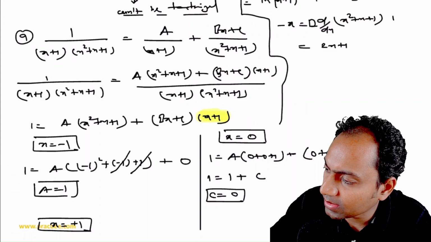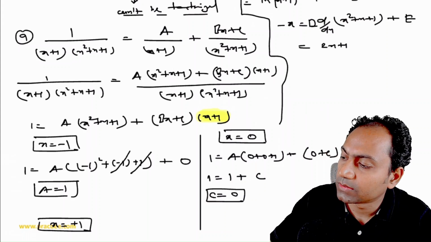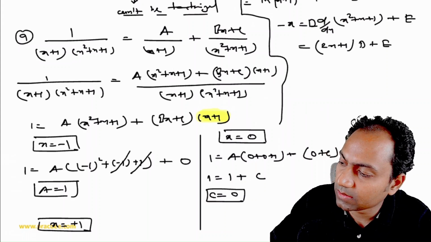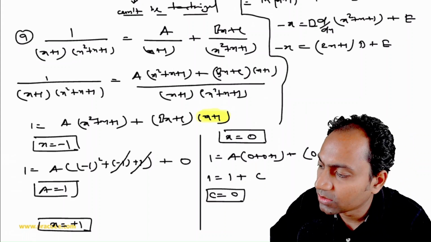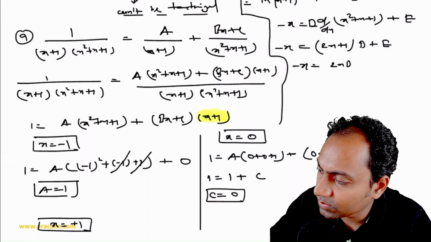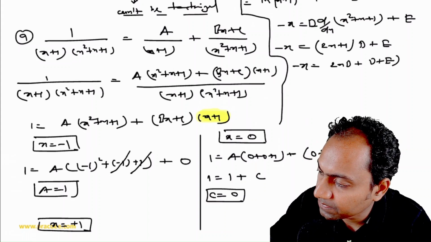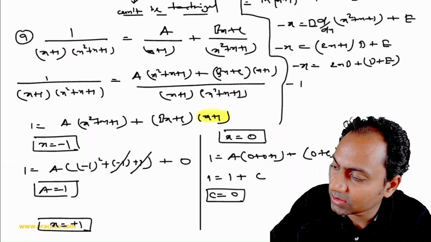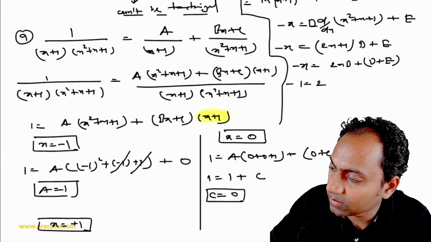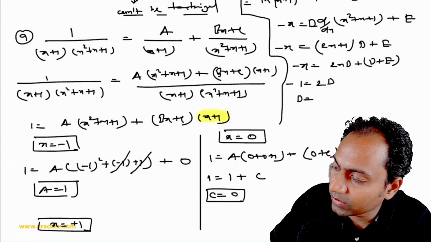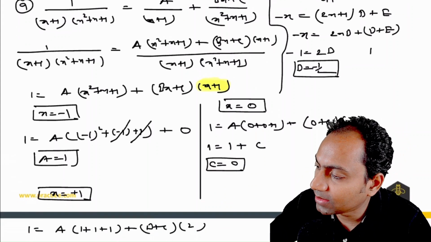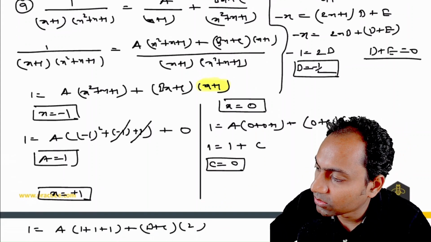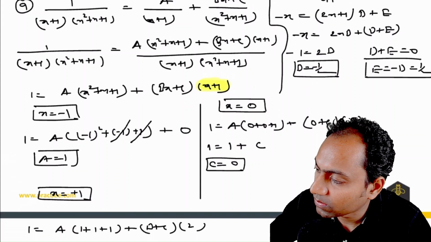So let us use d here and e here. I can compare the coefficients, so let us write it in such a manner that it is possible to compare them. The coefficient of x on both the sides will become minus 1 and 2d, so the value of d comes out to be minus 1 by 2. From the second part, we can see that d plus e will become 0, so the value of e comes out to be minus d, or 1 by 2.